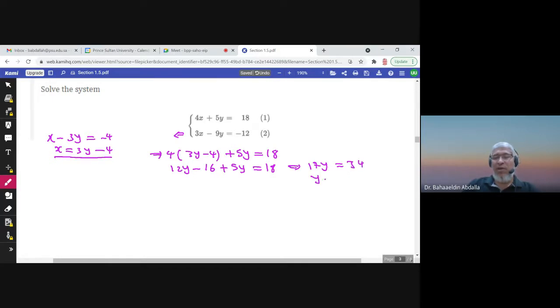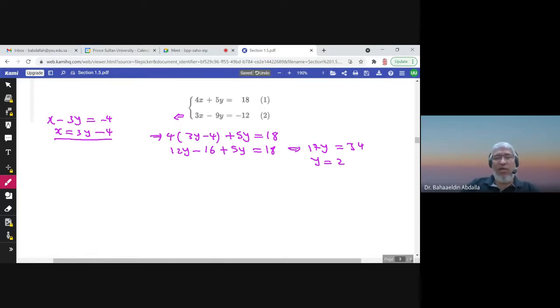If we divide by 17, y would be 2. Good. So now we have y. We can go back to this equation and replace 3y by 2, so 3 times 2 would be 6, minus 4 would be 2. So the solution is 2 and 2.